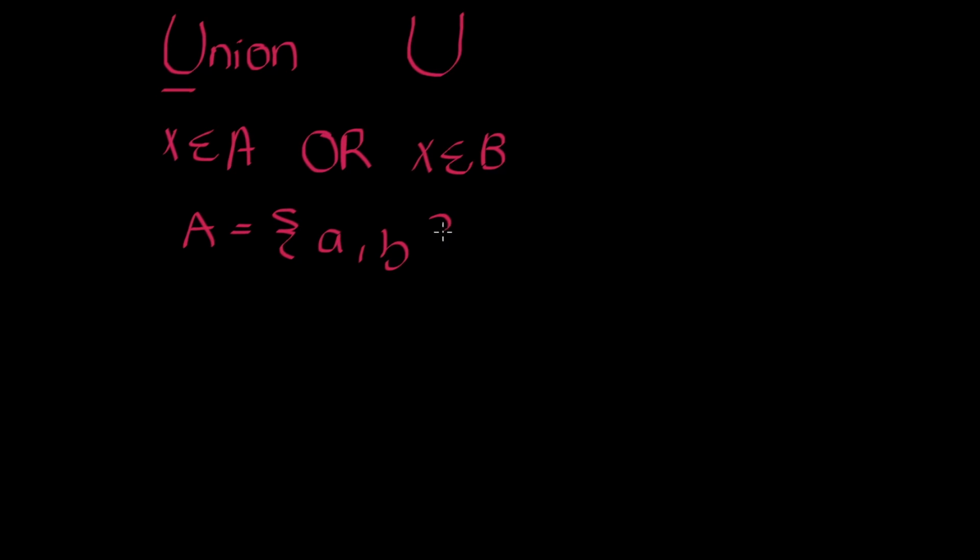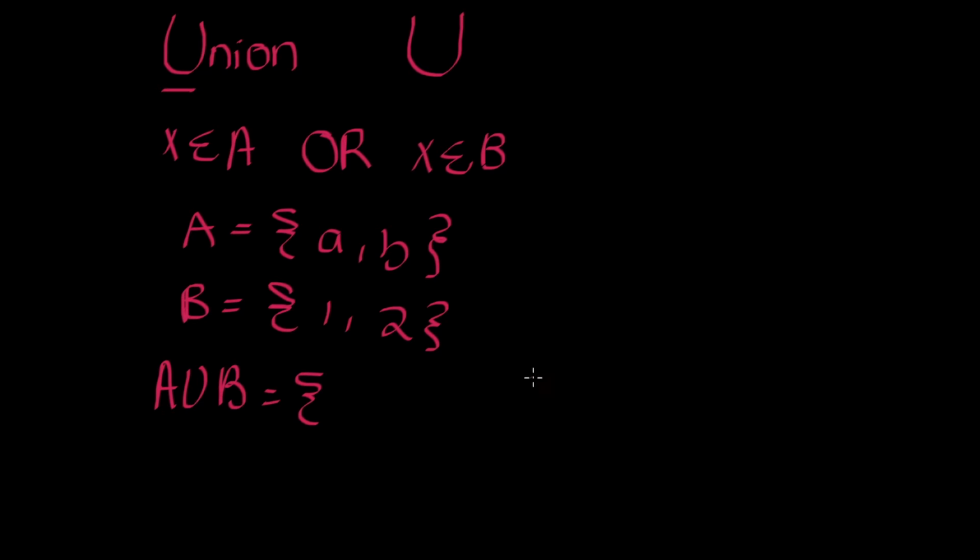U looks like a U. So a union just means X is in A or X is in B. So if I have A is a, b and B is 1, 2, A union B is going to be, so if I'm saying X is in A or B, then X could either be a, b or X could be 1, 2, right?